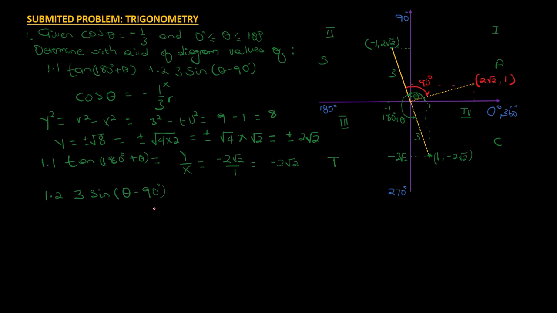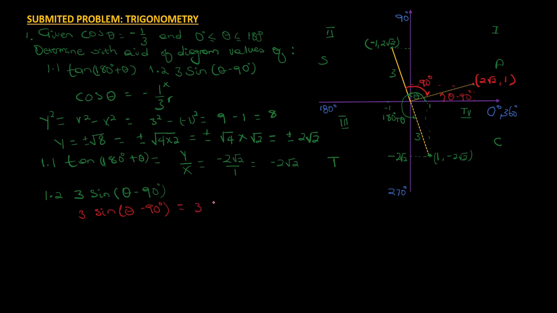Now we are sitting here. Our angle now, this angle, we can say is theta subtract 90 degrees. Can we do the sine then? If we are sitting there, we need to evaluate 3 times the sine of theta minus 90.